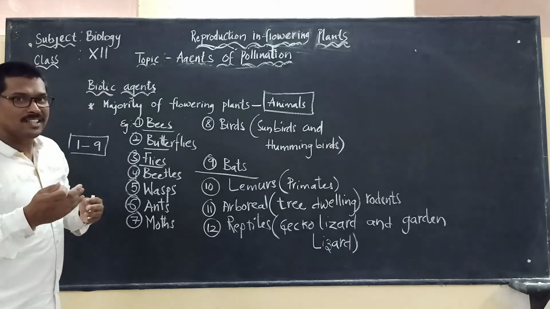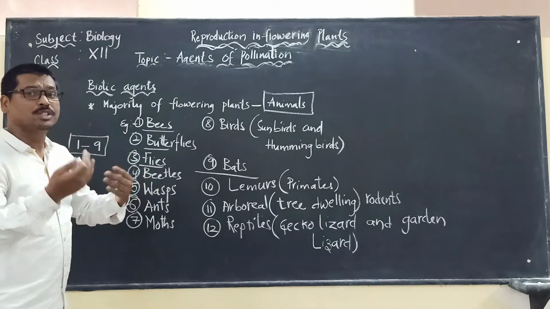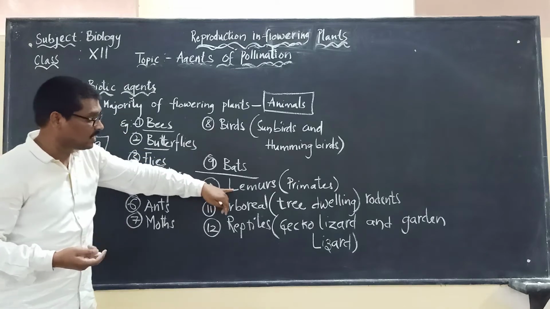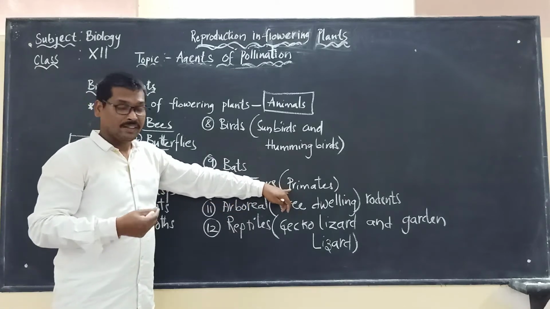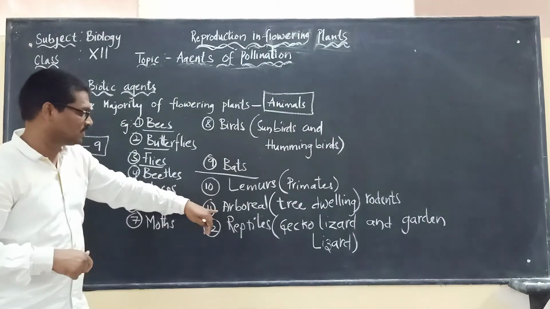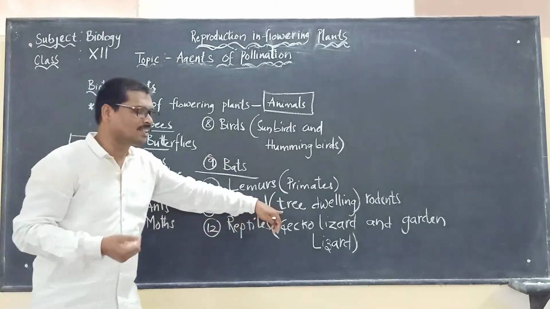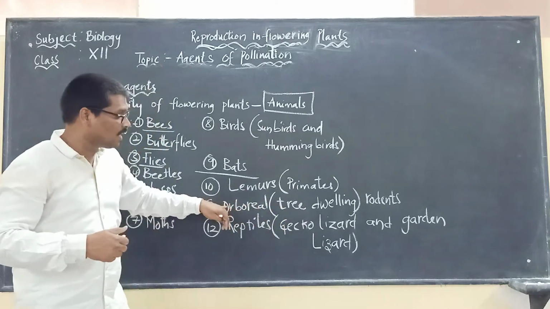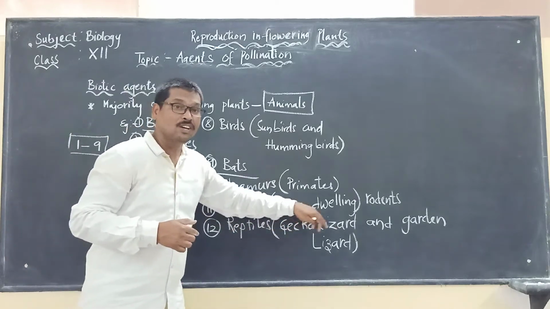They have also identified some other animals which are involved in the process of pollination, like lemurs, which are primates. Arboreal means tree dwelling; they spend most of their time on trees only. So they are called arboreal, tree dwelling rodents.